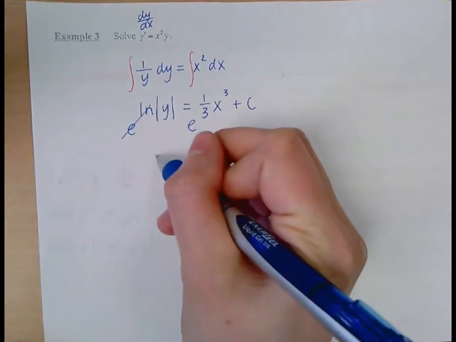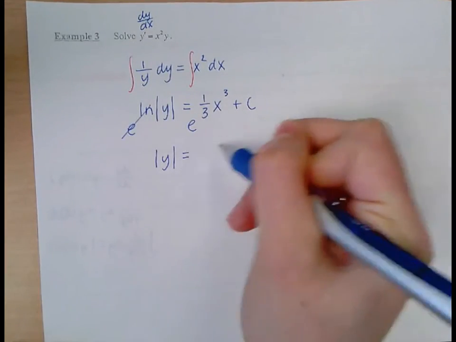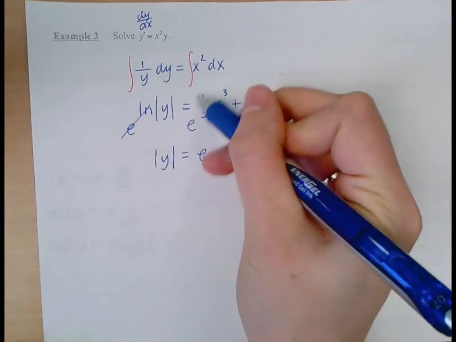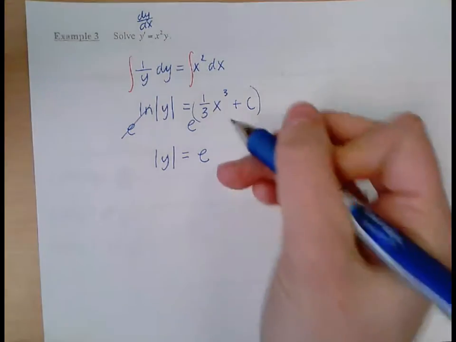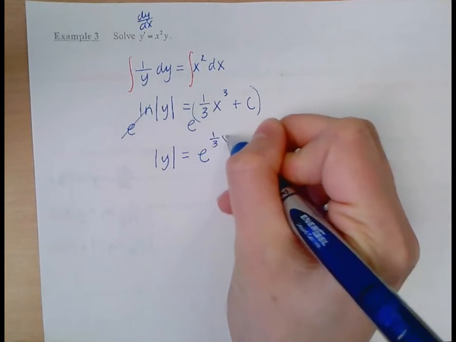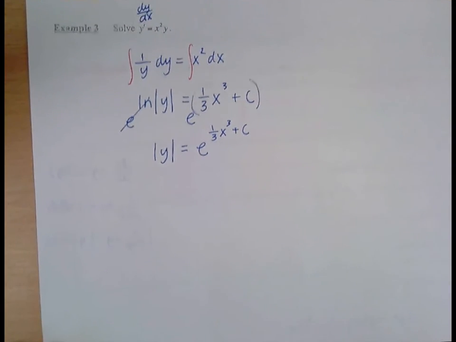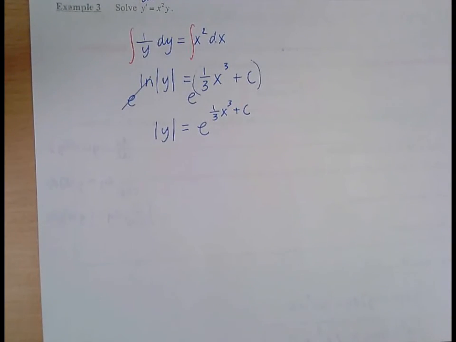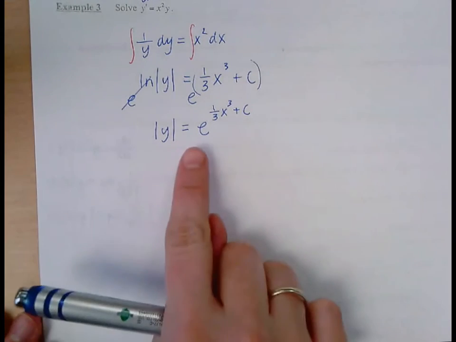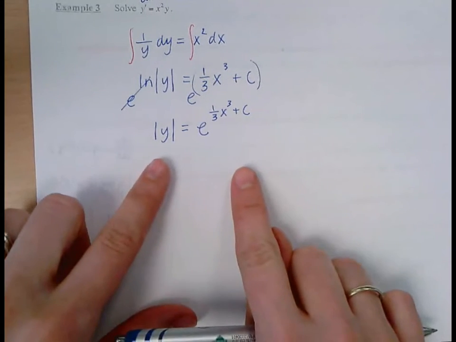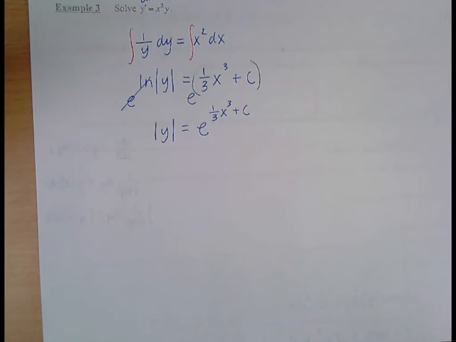So this is gone, and I have the absolute value of y equals e to this whole thing, e to the 1/3 x cubed plus c. That's all in the exponent. From here, this is not simplified, and especially when you're checking answers in the back, they would write this a different way.